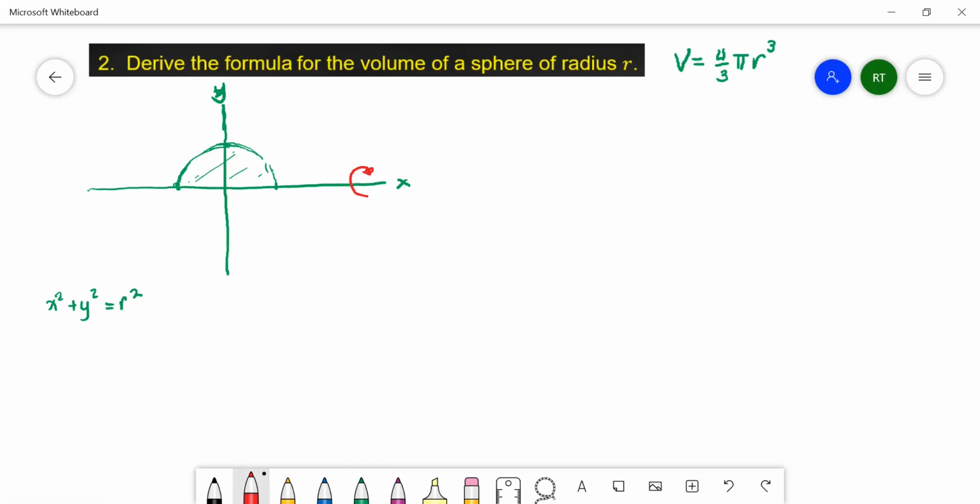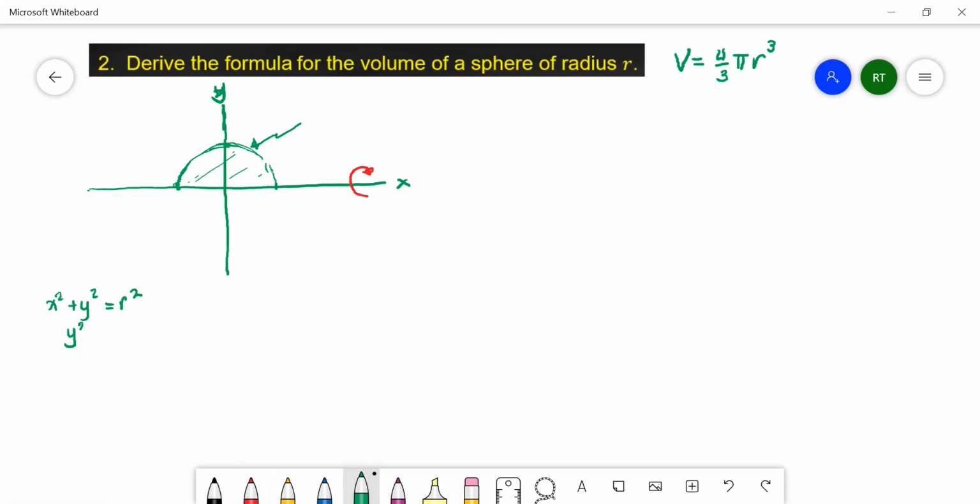And of course, the upper curve, this semicircle, can be expressed as y is equal to the square root of r squared minus x squared, from the equation of the circle, where x squared plus y squared is equal to r squared.